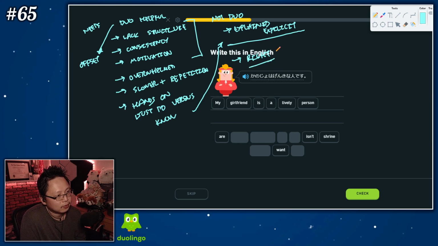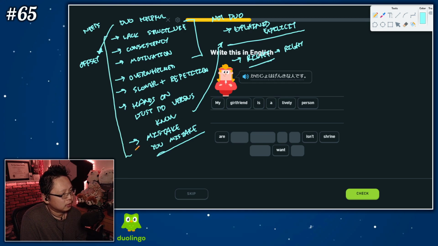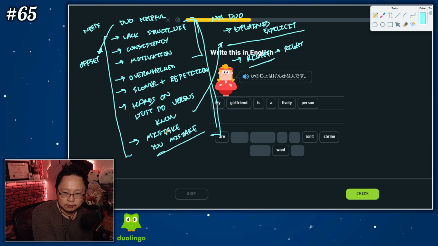It won't enforce being right. Duolingo is mistake prone, as in you make mistakes, and potentially Duolingo does make mistakes too. It's about the habit of just doing as opposed to knowing. So you can imagine the not-Duolingo is a lot of the opposite of it. So if these things fill your checklist, perhaps consider Duolingo.